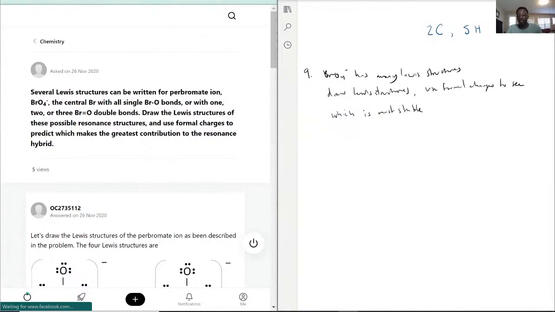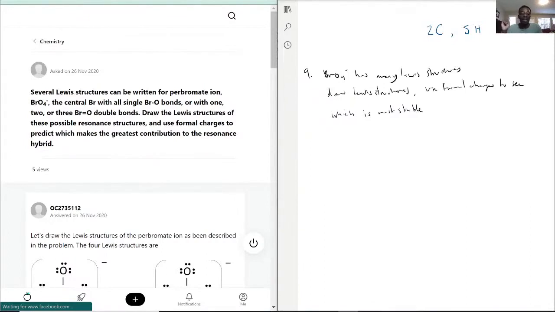That's why formal charges help find out the stability, because the most stable one is the one that has the least amount of positive and negative charges. It just has the most amount of 0 charges.